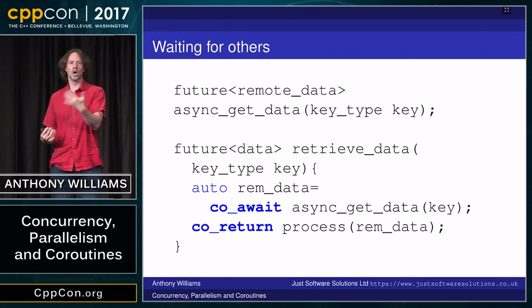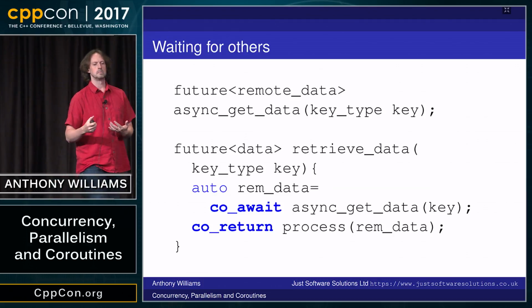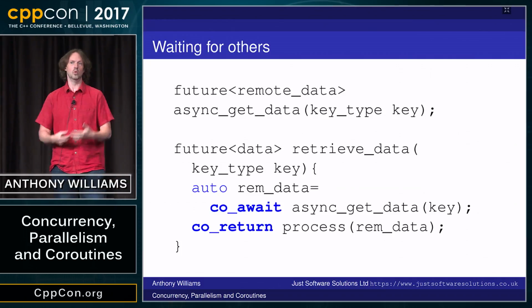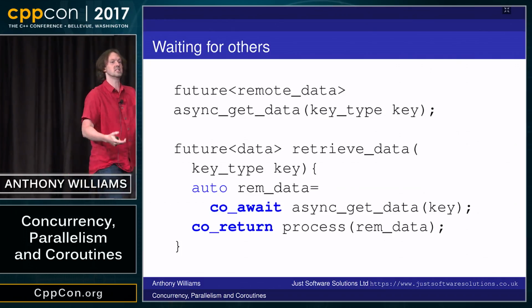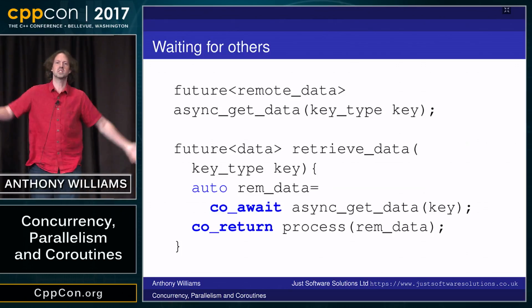But then you could also return a future from a coroutine. And so then when you do, it will wake up anything that's waiting on it. Now, if these are just standard futures or standard experimental futures, then you can use them with all the rest of your code.